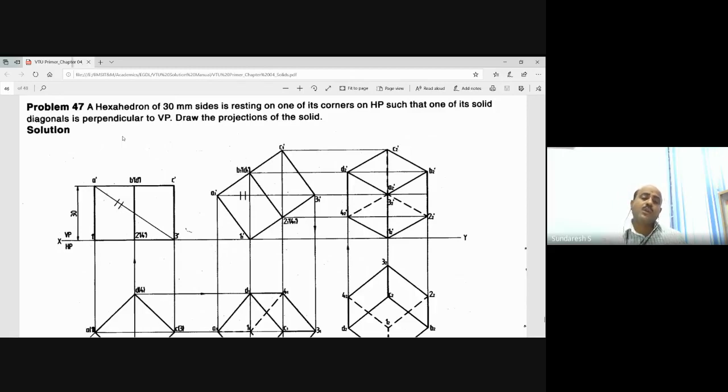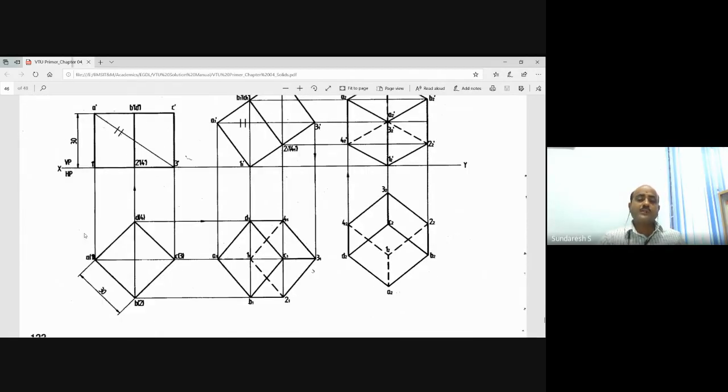Okay. So now what we have to do: initially the hexahedron is resting on one of its corners on HP. Therefore the hexahedron, which is a cube, is a solid bounded by 6 square faces.